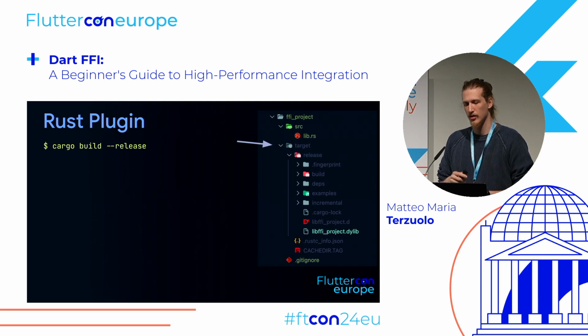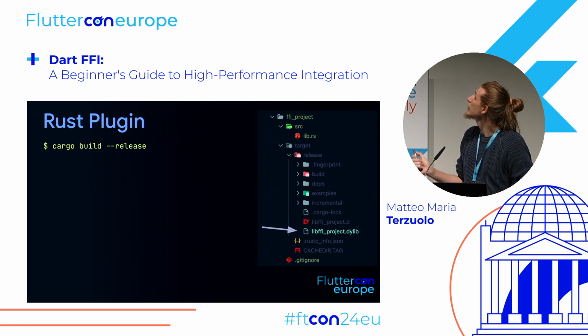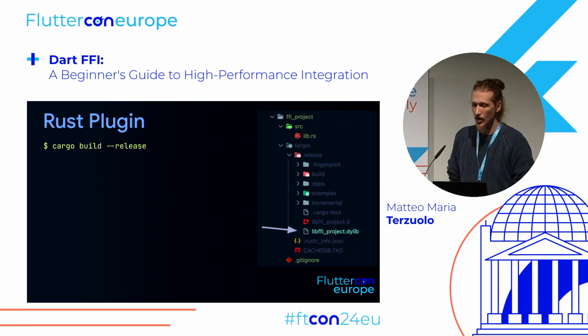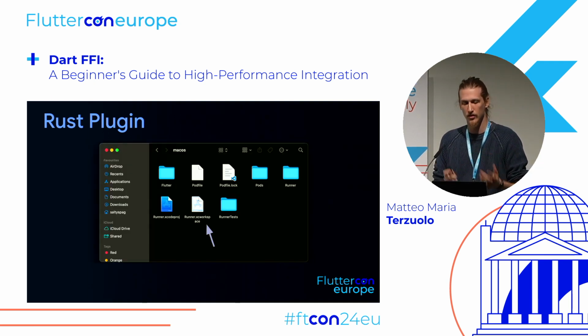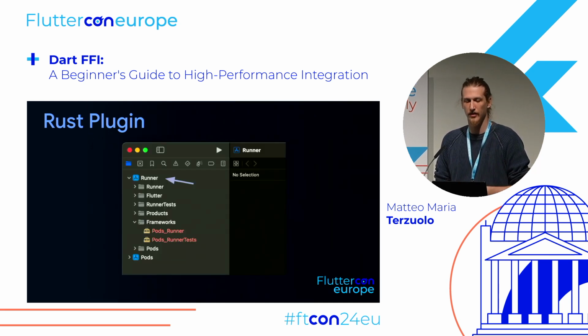So in my case, I went inside my Rust project, I ran the command to build the release, and then I got my library there, compiled. Then I had to go to our Flutter application, open the Xcode workspace file, and then link the library by hand.